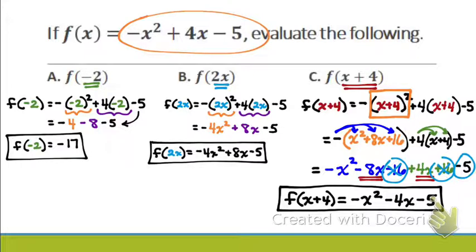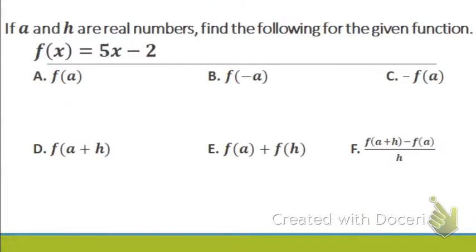The negative 4x. It was a positive 4x, now it's a negative 4x. That's the only thing in effect that changed here. Right. I want to do quite a bit more substitution here. I'm going to give us a function rule, and I've got 6 different things that we're going to substitute in. Each one builds on the other.